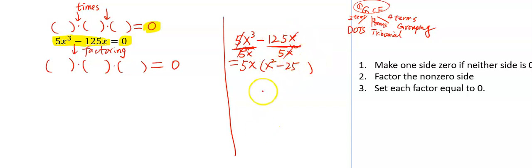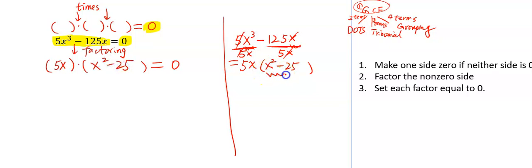So after we factor out 5x, I'm going to put the 5x here. And the other factor we have so far is x squared minus 25.